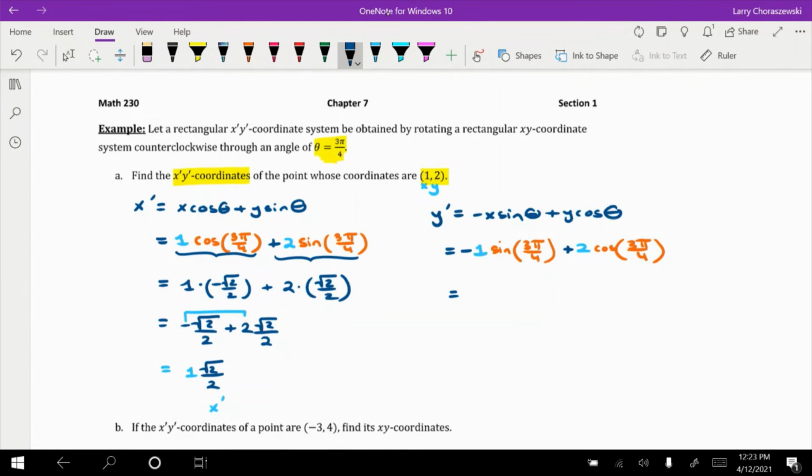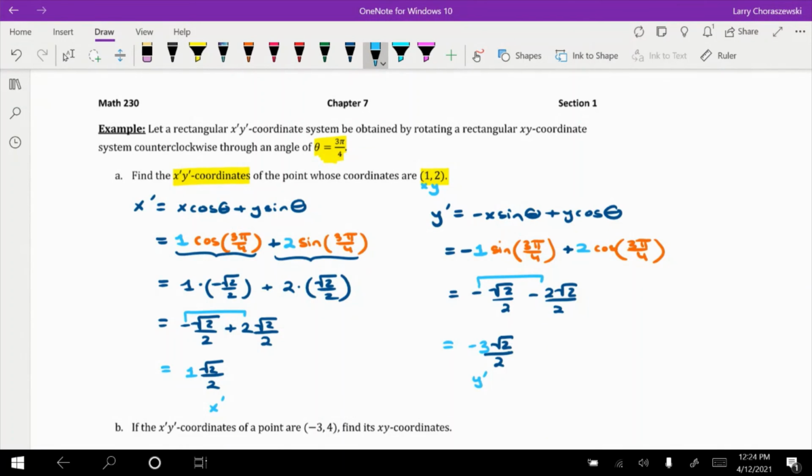And simplification yields negative radical 2 over 2 minus 2 radical 2 over 2. And then adding the coefficients together will give us negative 3 radical 2 over 2. So that's going to be y prime.